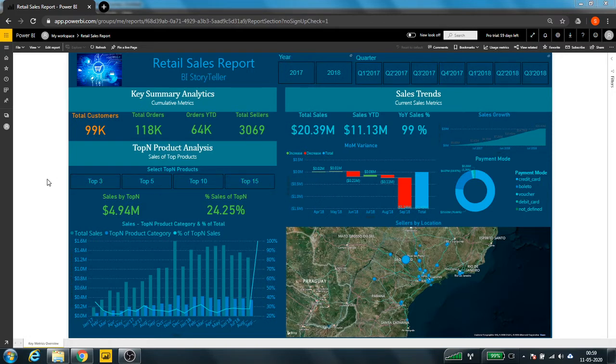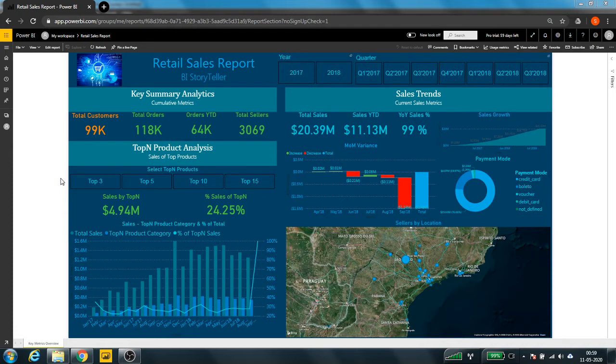So you can select your top 3, top 5, top 10, or your top 15 product categories. Right now, I don't have anything selected here. Neither of these slicers are highlighted. So by default, we are looking at the top 3 most selling product categories, right?